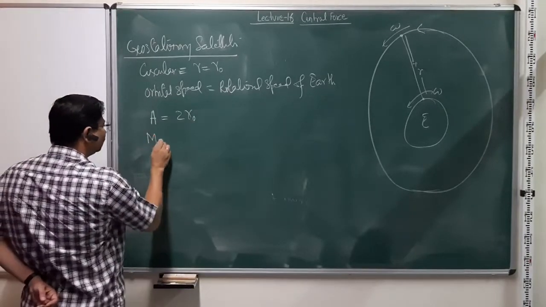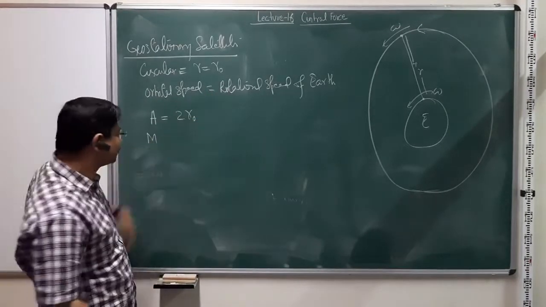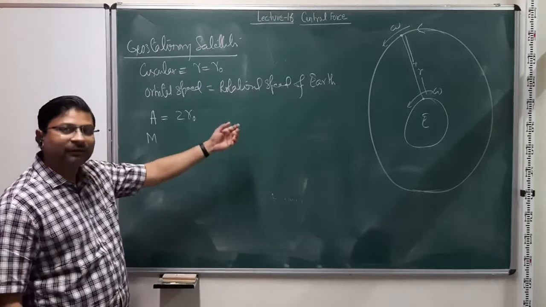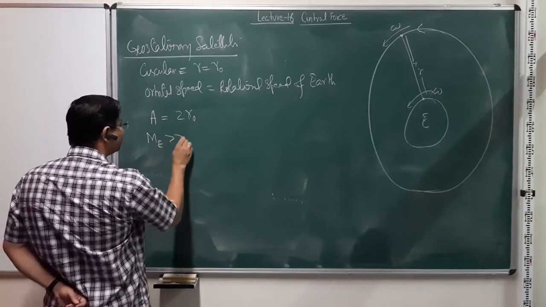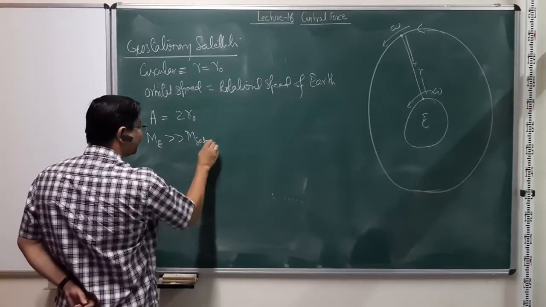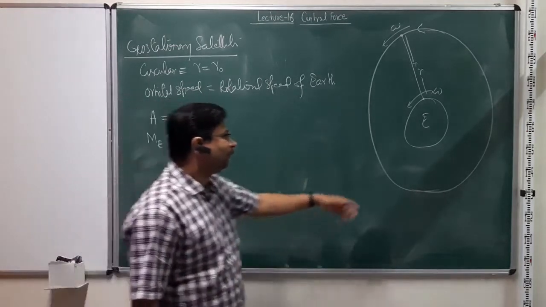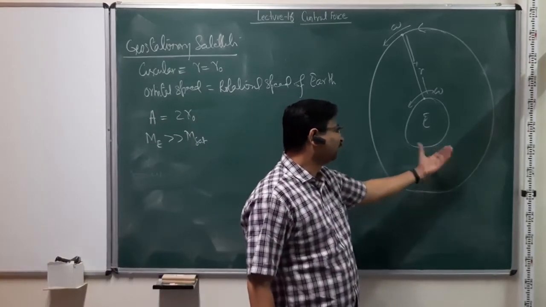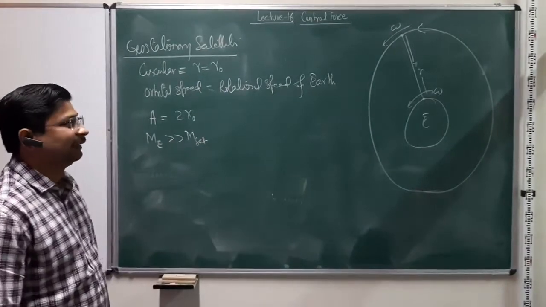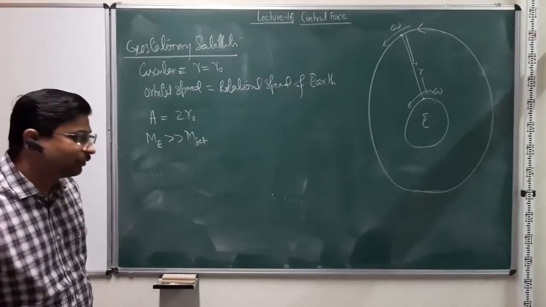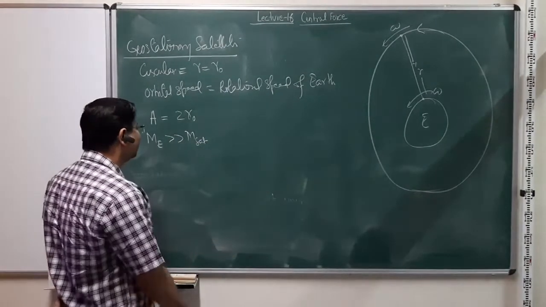Also, since we did the analysis for the reduced mass, either we can start from there and then convert back into actual masses, or we can say that the mass of Earth is much greater than the mass of the satellite, which is normally true. Mass of Earth is on the order of 10 to the 24 kgs, whereas the satellite would at maximum weigh about 2000 kgs or 4000 kgs or at the most 10,000 kgs, of that order.